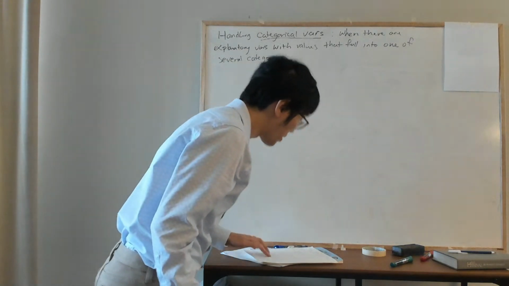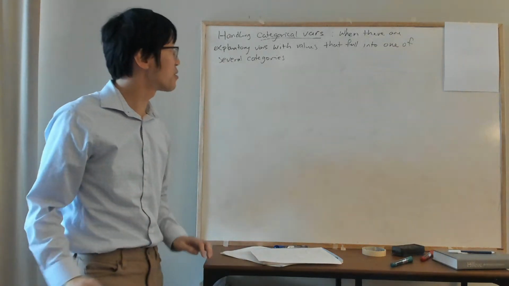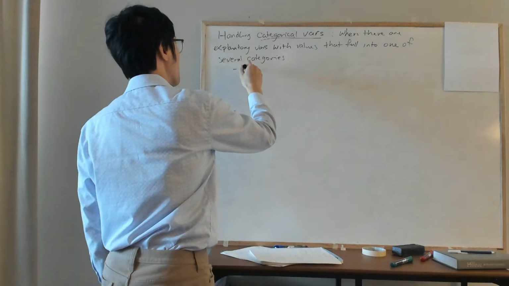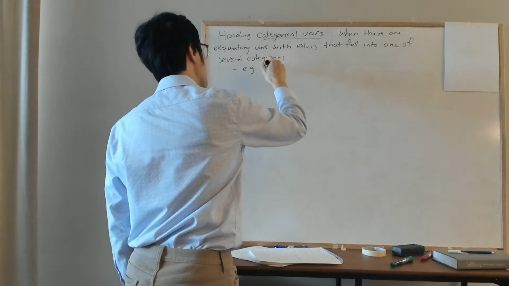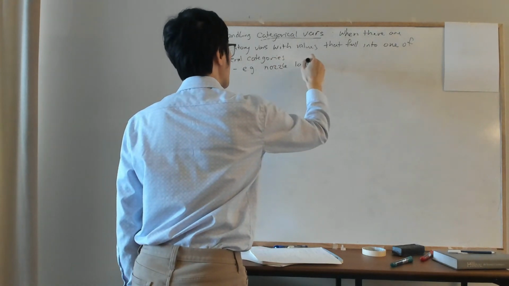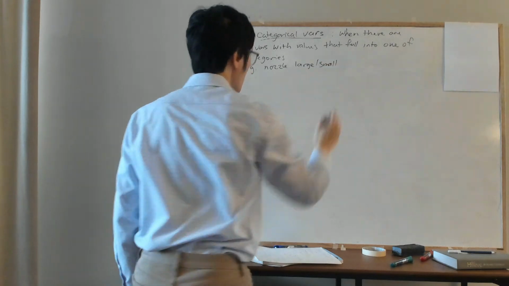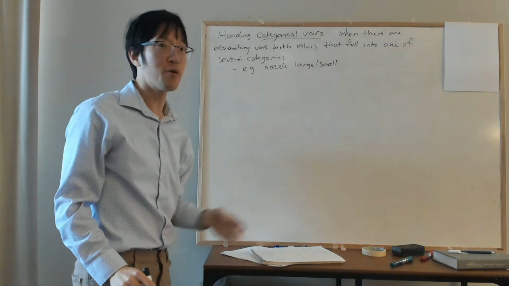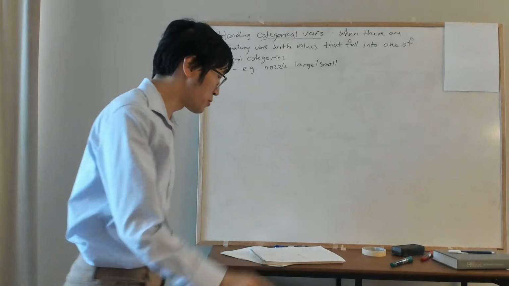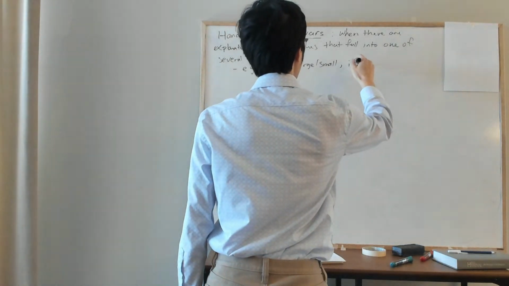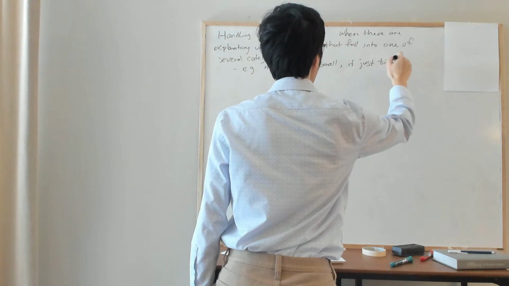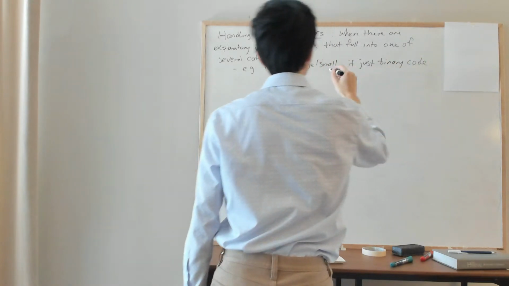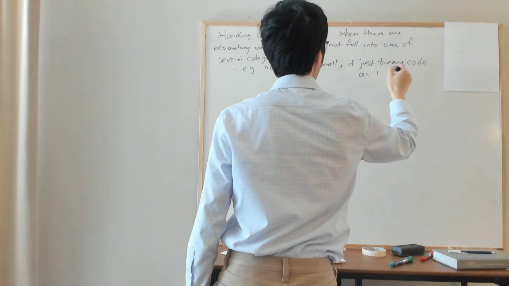We actually just saw one example of that in our rocket example. For example, nozzle: large and small. As we noticed, if there are just two categories, large and small, we just code one of them as 1 and the other as 0. So if it's just binary, we encode as 1 and 0.